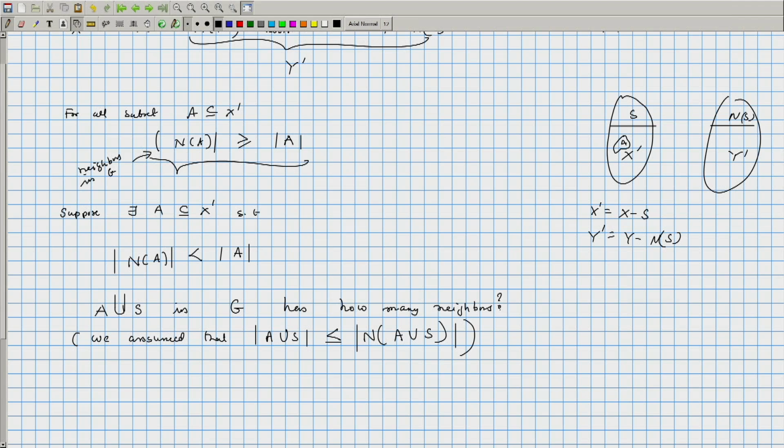Sometimes we use N to denote the neighbors in G, sometimes we use it to denote the neighbors in G prime, but the context makes it clear which meaning we are giving to N(A).